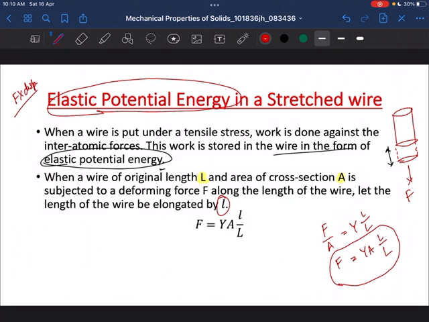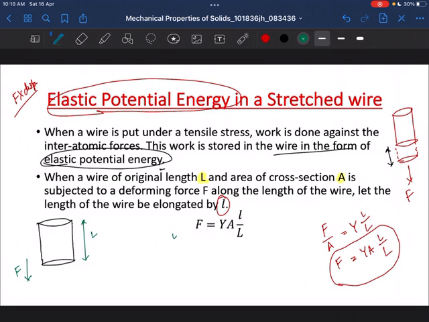Okay. Now, if I have a rod like this of length L, when we are applying the force, the deformation doesn't directly go to the length of small l. It slowly goes to that deformation.